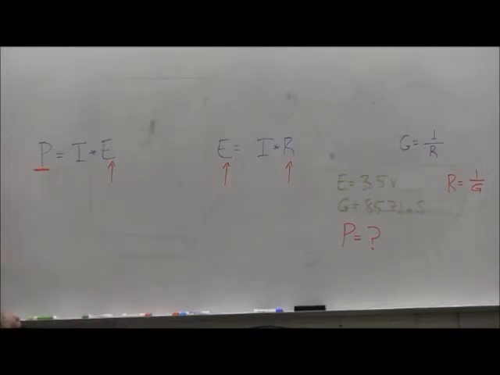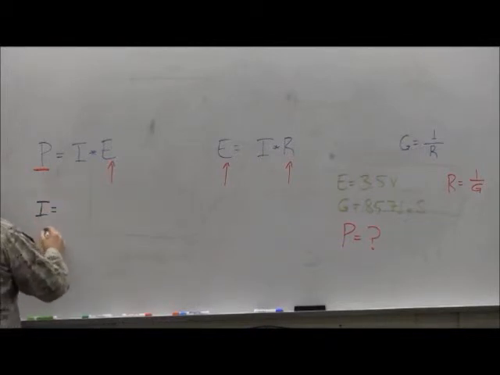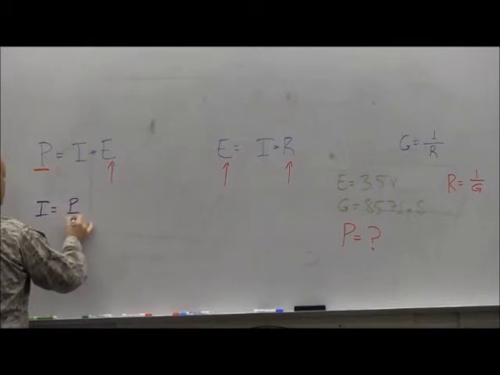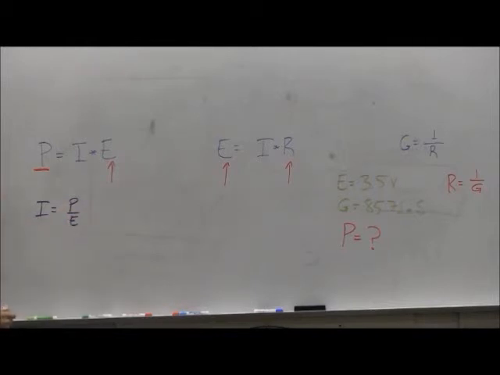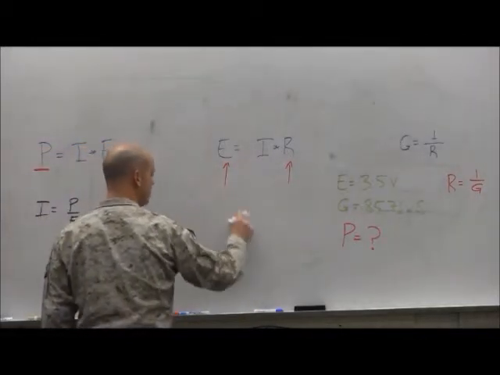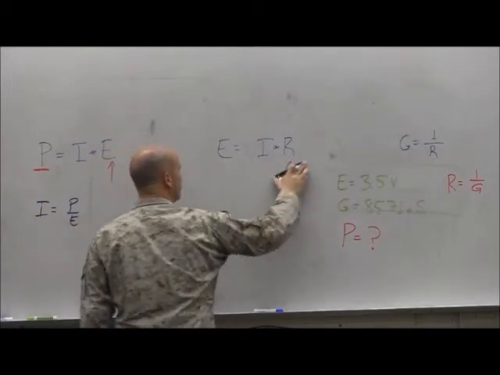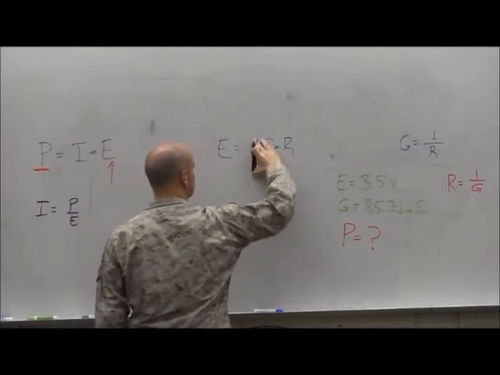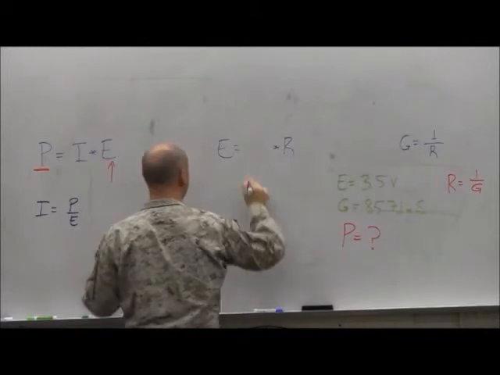We find that I equals P over E, yes? Okay. So if I equals P over E, then I can take this and plug it in where I see I. Okay, well I've got E, and I've got my I right there. So I'm going to plug in my P over E.